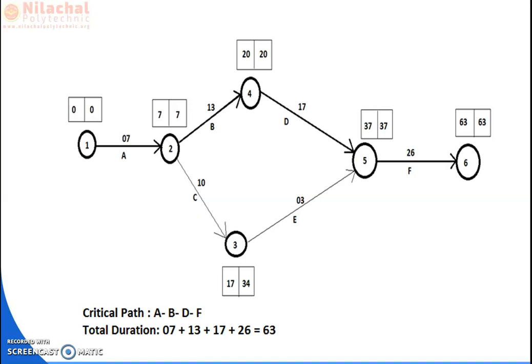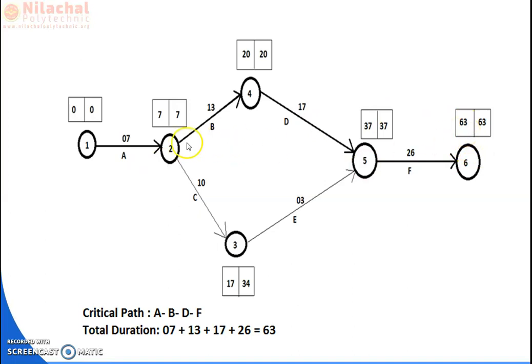What is the total project duration? In the critical path, the most days required for completing it is obtained as 63.